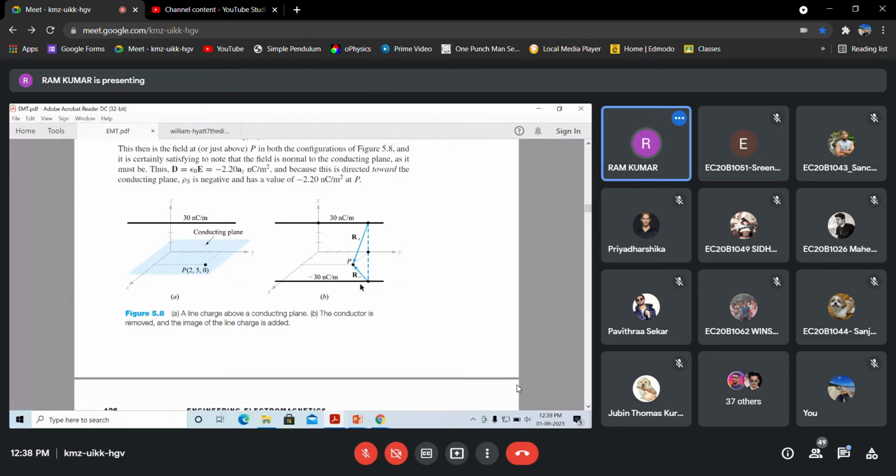In Z, we are moving from bottom to up, towards the positive Z axis, so it's plus 3 AZ. So R minus is 2 AX vector plus 3 AZ vector. Any doubt in this distance? Sometimes it may be a little confusing here. If you have a doubt, just ask here, I will explain and go next.